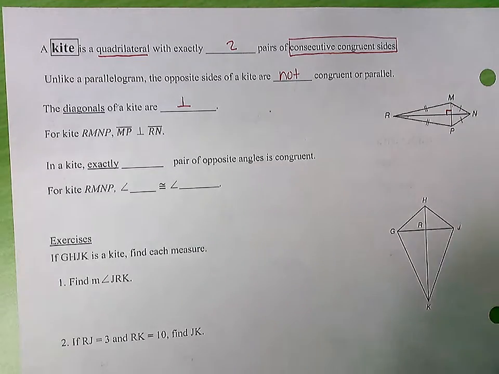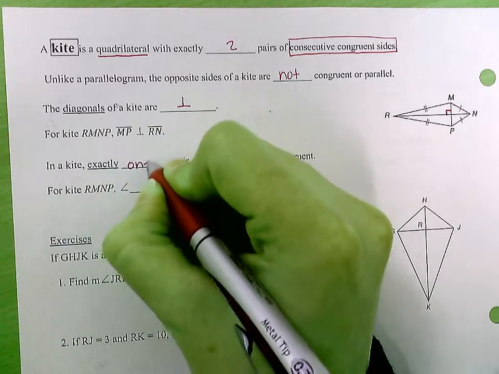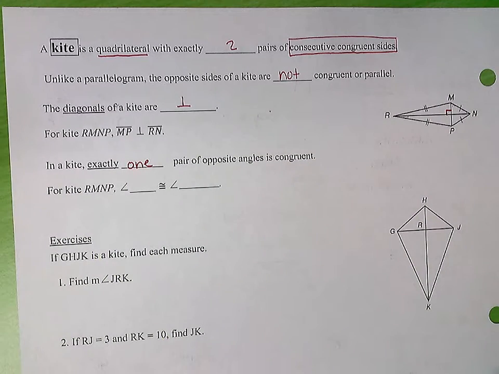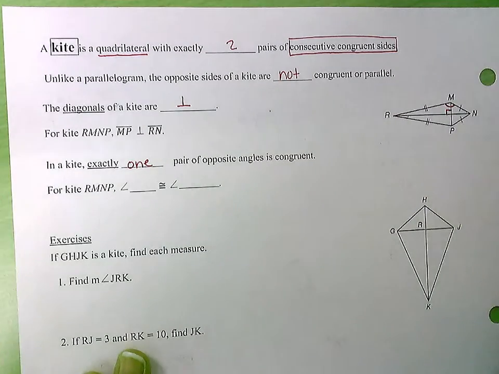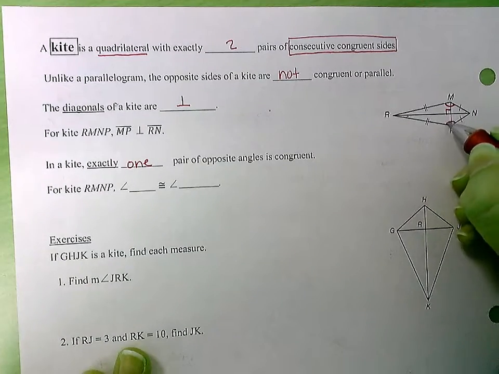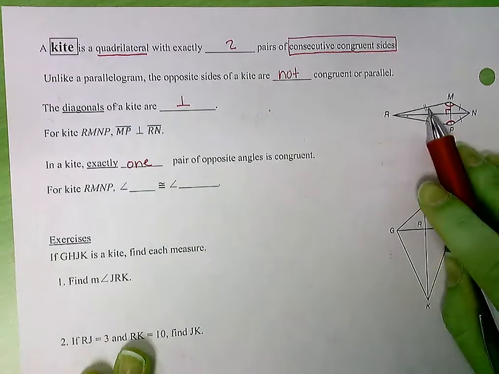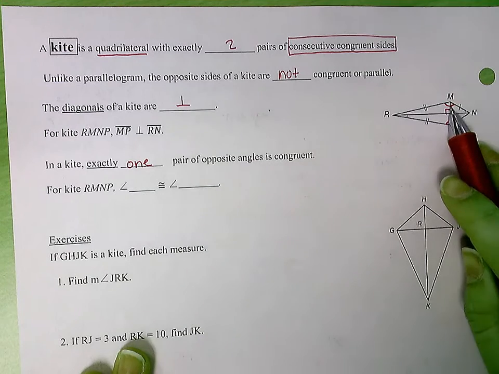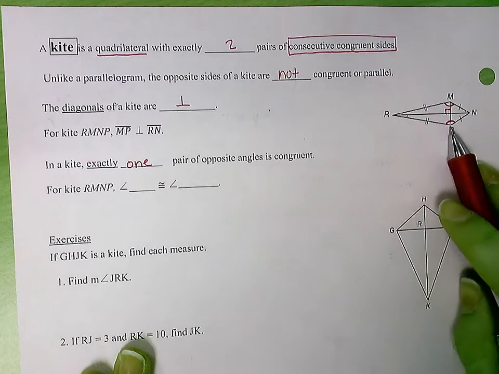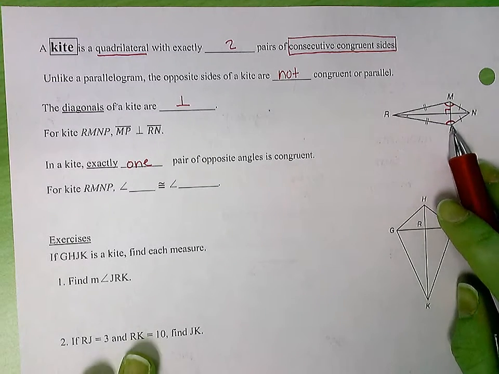Okay, in a kite, exactly 1 pair of opposite angles are congruent. That pair is between your non-congruent sides. My non-congruent sides are RM and MN, so that angle and the angle across from it are going to be congruent.